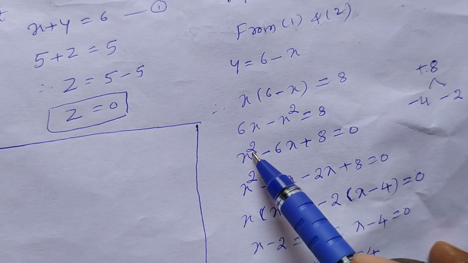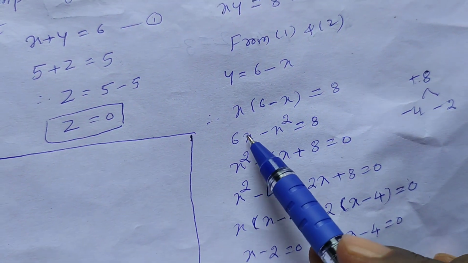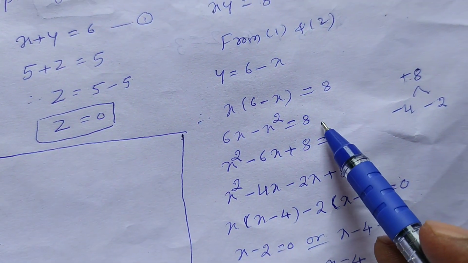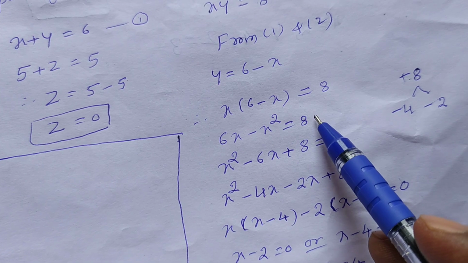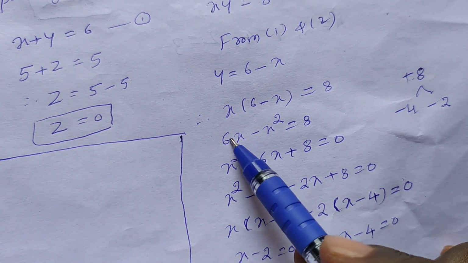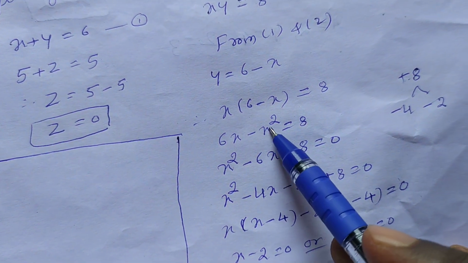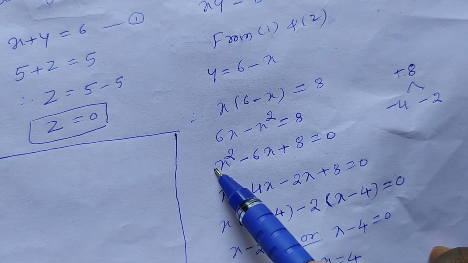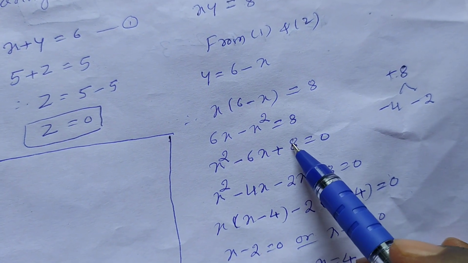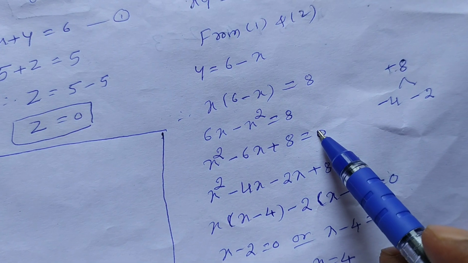Now transfer this 6x minus x square to the right side and the sign changes. Plus 6 becomes a minus 6, minus x square becomes a plus x square. 8 remains as it is on the right side, equals 0.